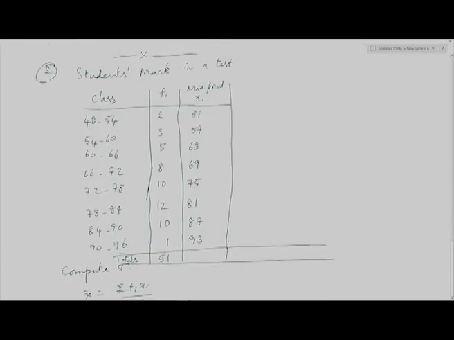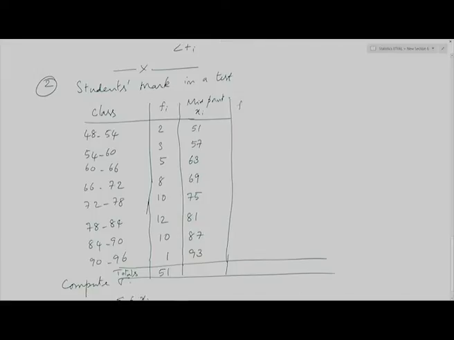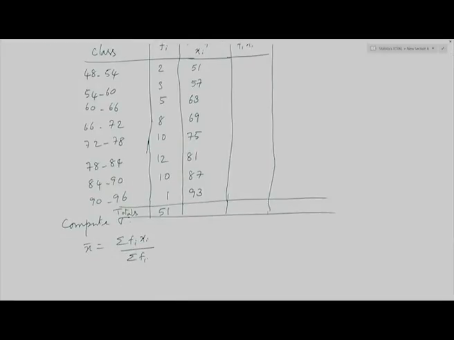Now let us calculate fi xi: 102, which is 2 into 51, then 171, 315, 552, 750, 972, 870 and finally 93.